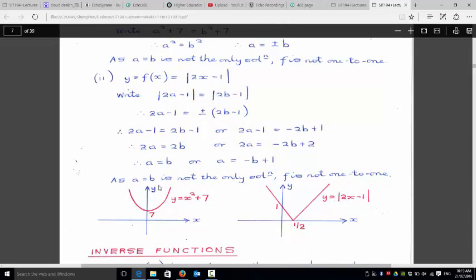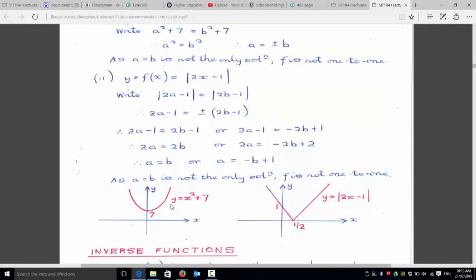On the left-hand side, we have the sketch y is equal to x squared plus 7, and on the right-hand side we have y is equal to the modulus of 2x minus 1.